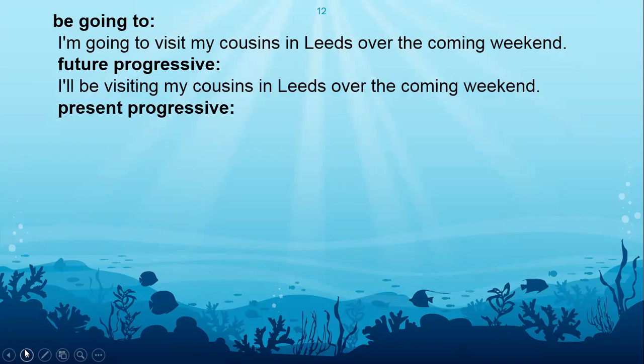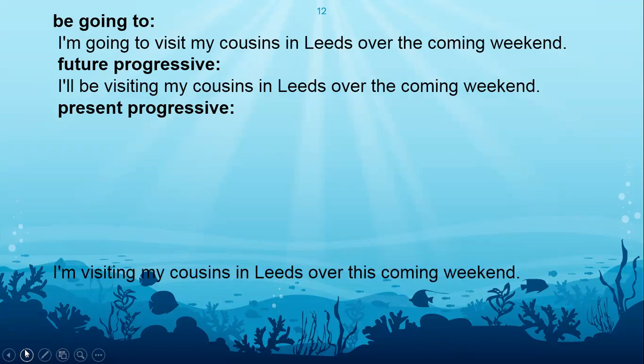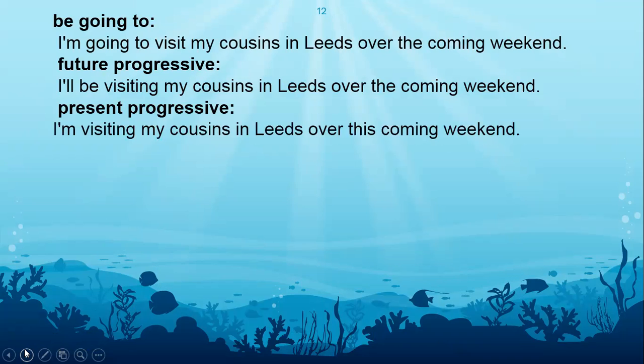And present progressive is straight away you take the verb: I am visiting my cousins in Leeds over the coming weekend. So those are the three patterns that I was talking about, right?